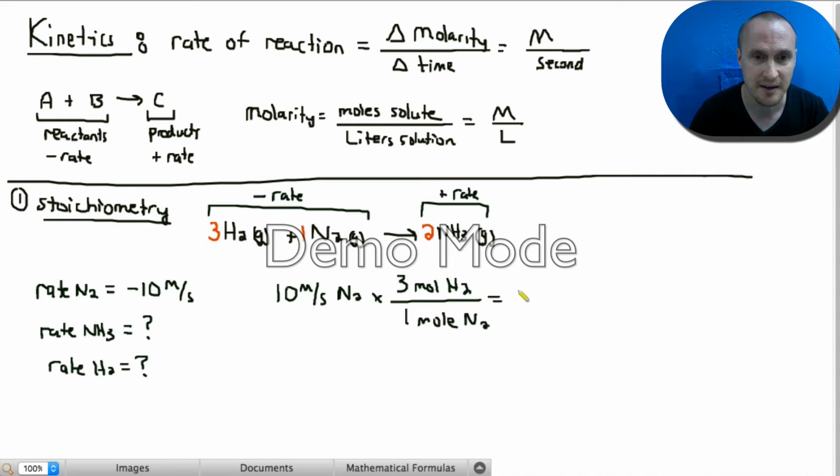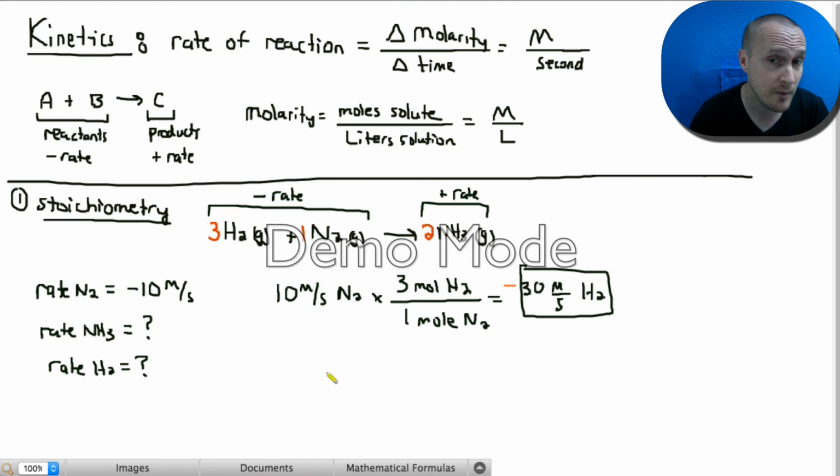So when those react, that shows us that H2 is reacting at 30 molar per second, and that would be the rate of H2. Now remember, H2 is negative, so we have to manually put that in. So that's a negative 30 molar per second.